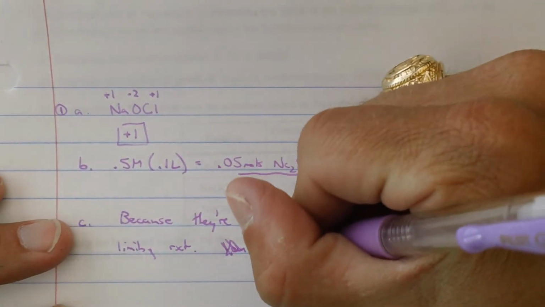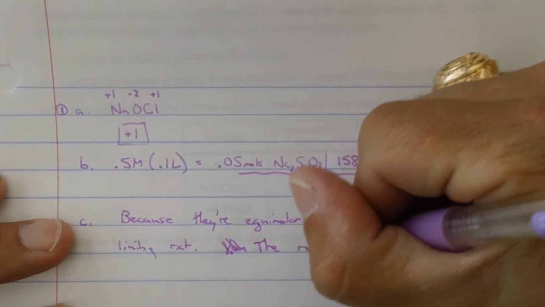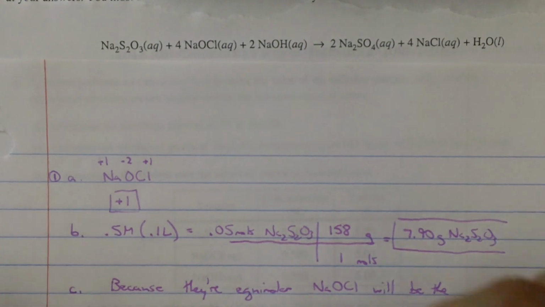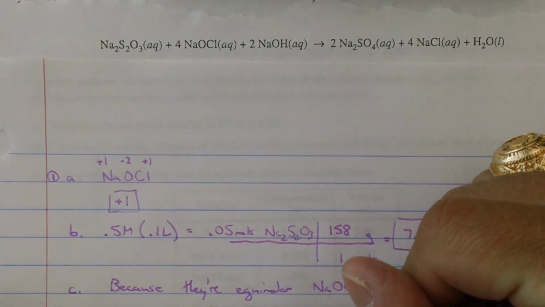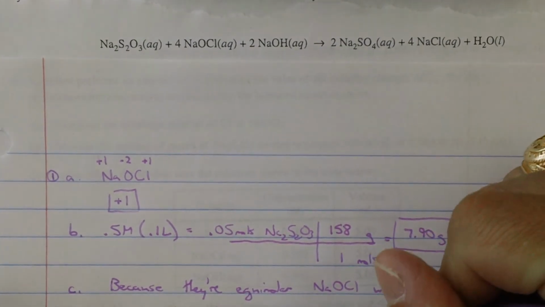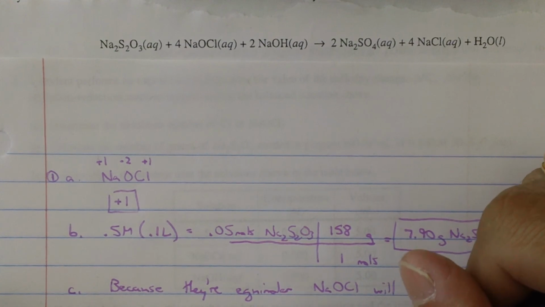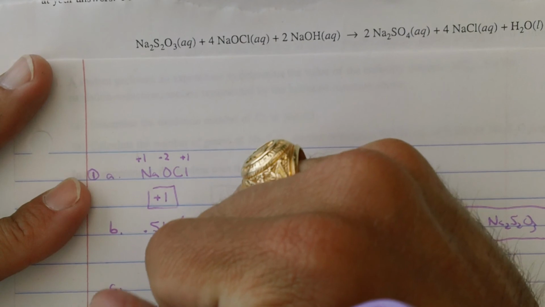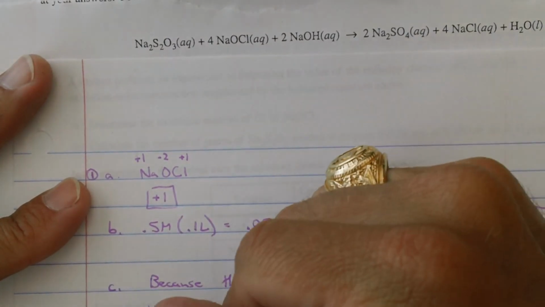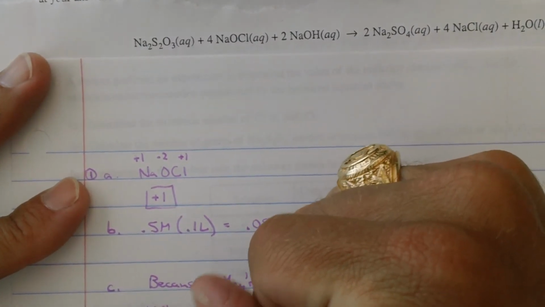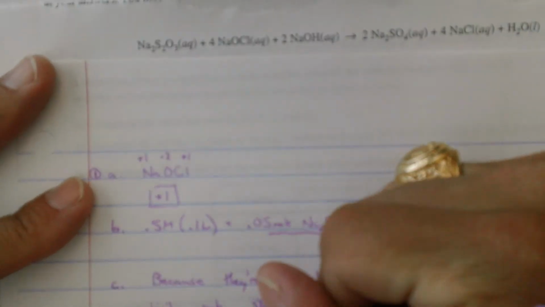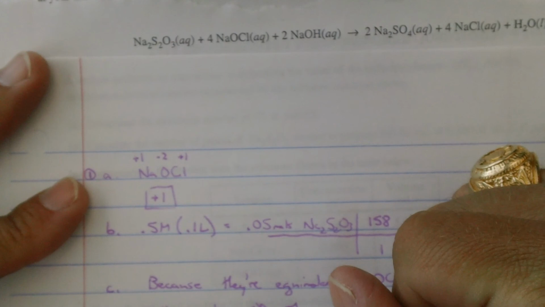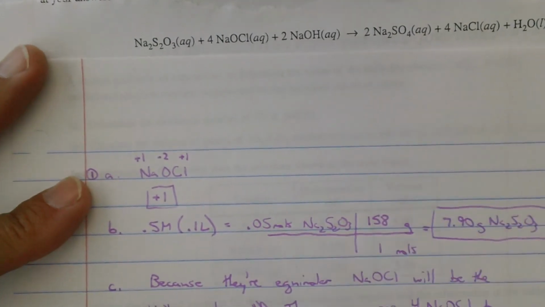The reaction uses, and then talk about the stoichiometry from the equation. 4 NaOCl's to react with 2 NaOH's and 1 Na2S2O3.